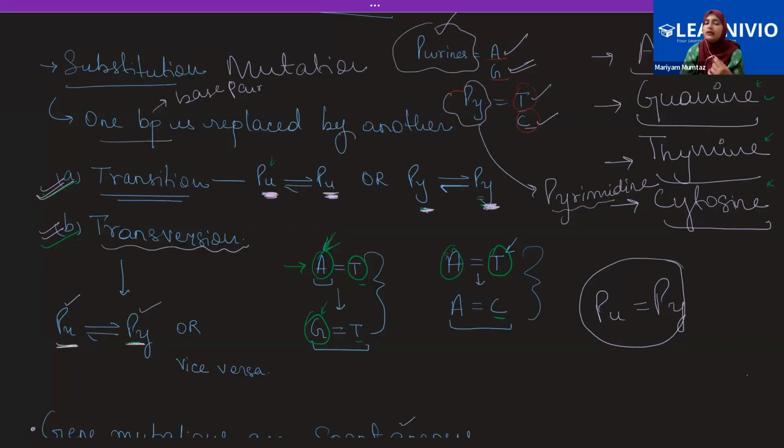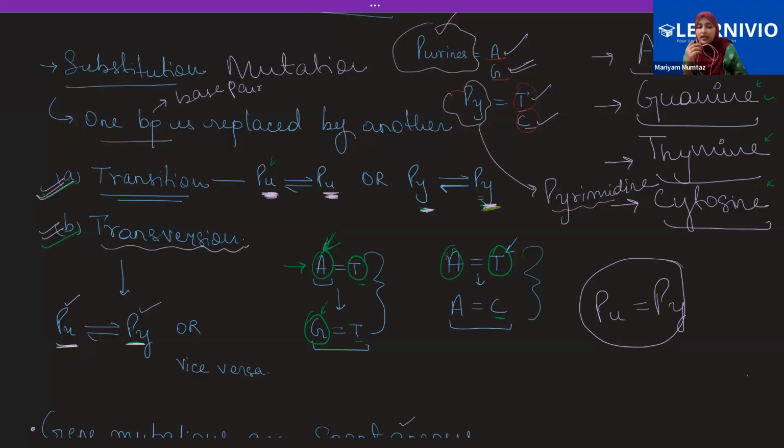Or when a pyrimidine is substituted by a pyrimidine, we call it transition. Getting my point? So whenever a purine is substituted by another purine, or a pyrimidine by another pyrimidine, this process is called transition.